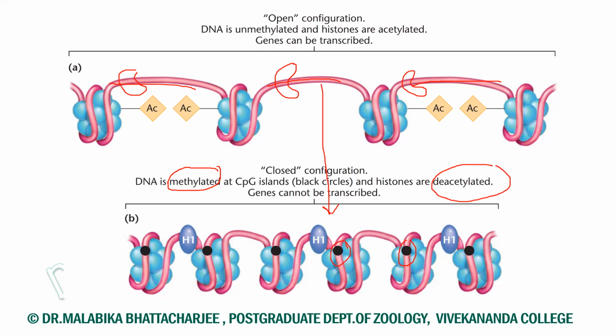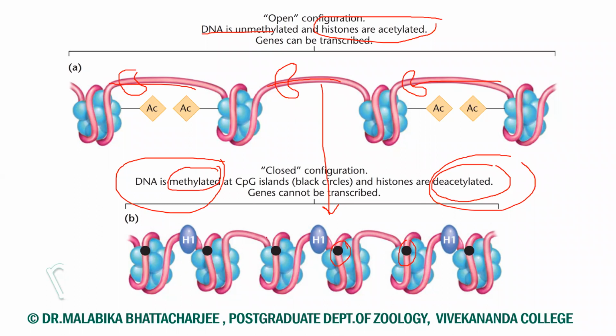So we do not have long stretches of DNA where the polymerase is free to sit. So when the DNA is unmethylated and histones are acetylated, the DNA is in open configuration. Contrary to that, when the DNA is methylated and histones are deacetylated, the DNA is in closed configuration.